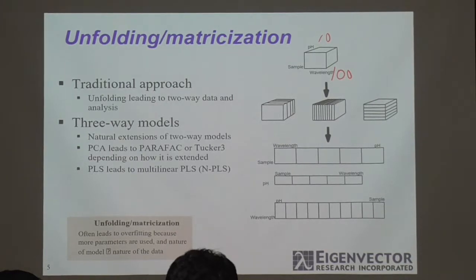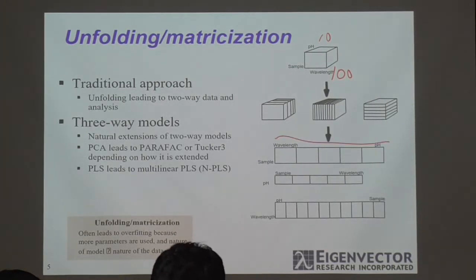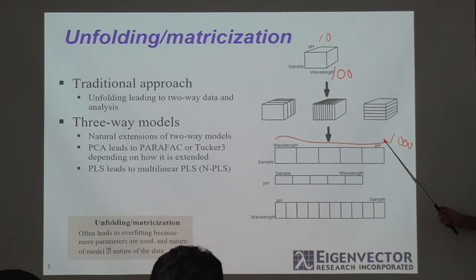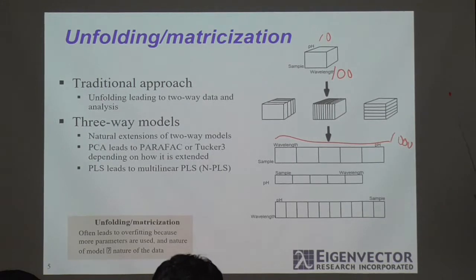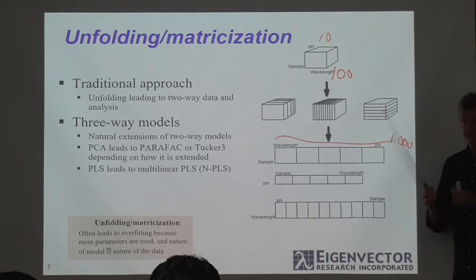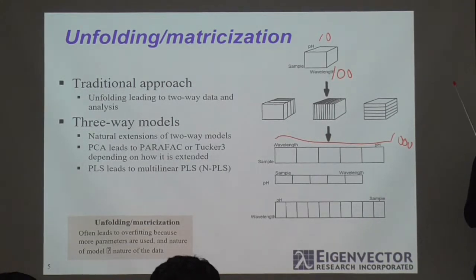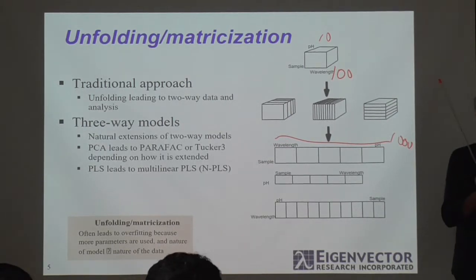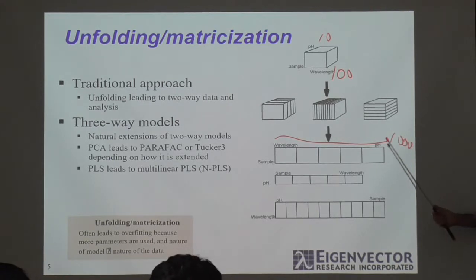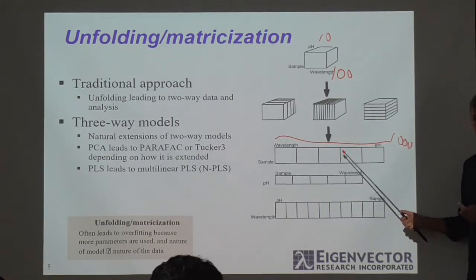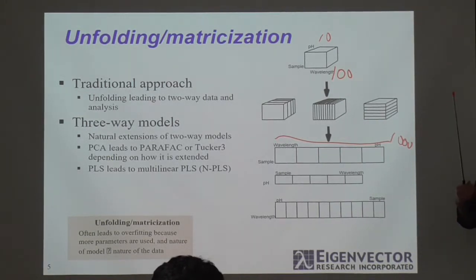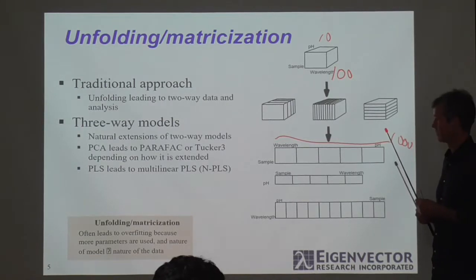But when you unfold the data, like here, that's going to be 100 times 10. So that's going to be 1,000 variables. And that means that the model I built here is much more complicated mathematically. And that specifically means it's going to overfit. Well, there's a high risk of overfitting when you unfold your data. That means you get less accurate models.